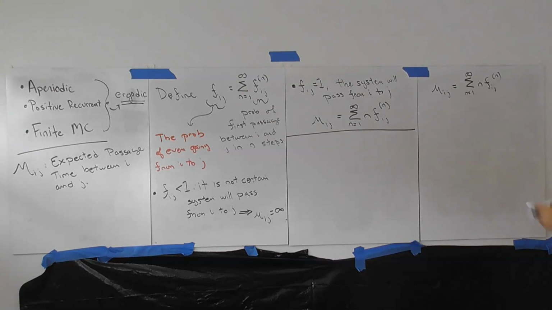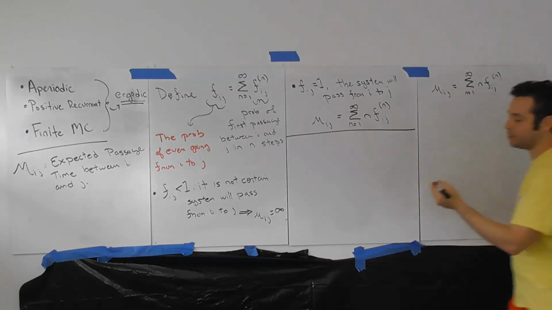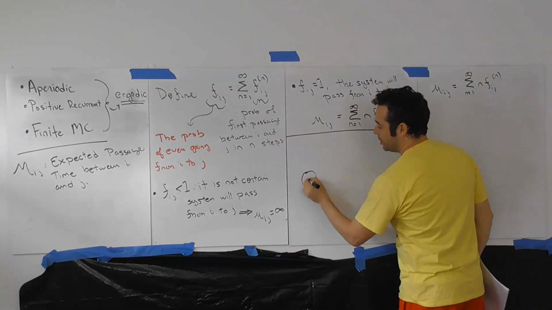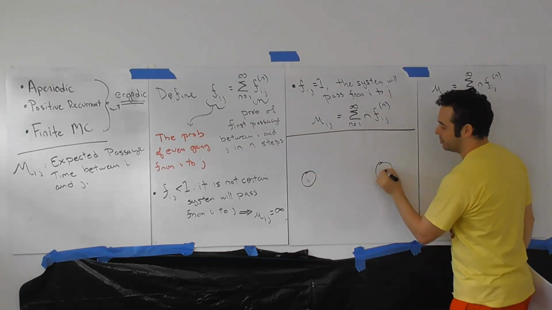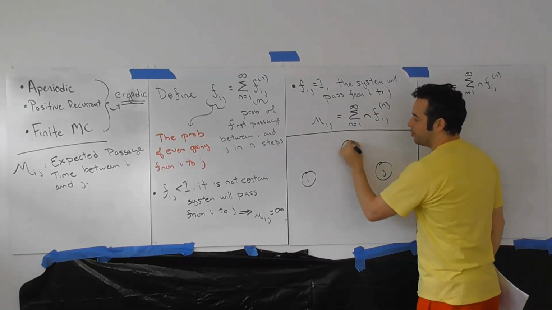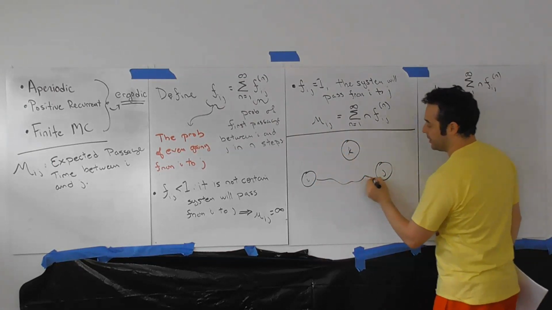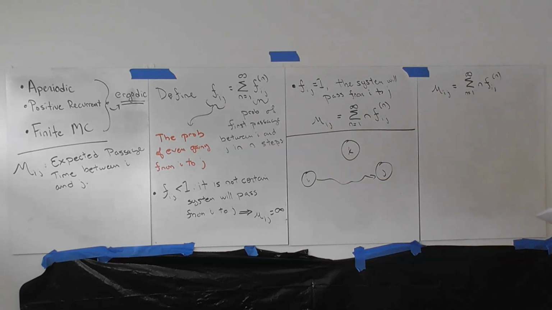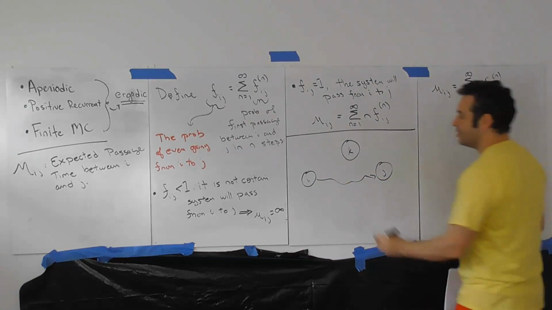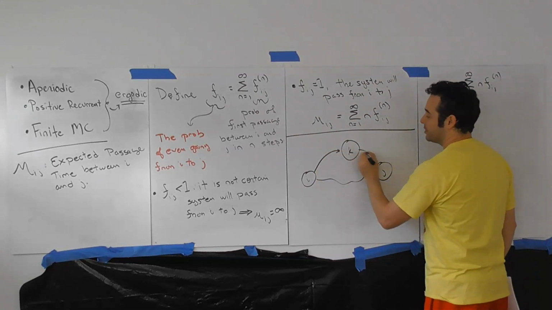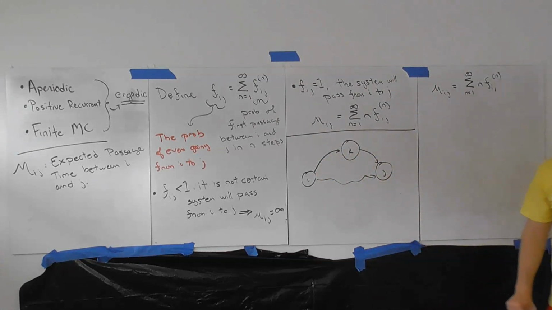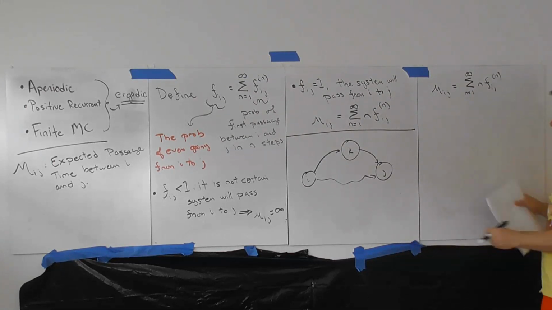So the way that we're going to do this is we're going to say, well, let's pretend. So here goes i, and here goes j. We're going to do a little trick where, in order to calculate how long it takes to go from i to j, maybe we have to stop in some other state k first.